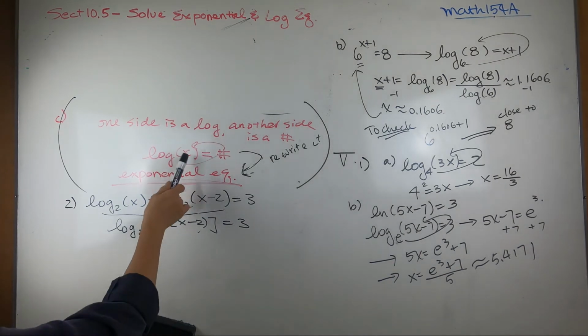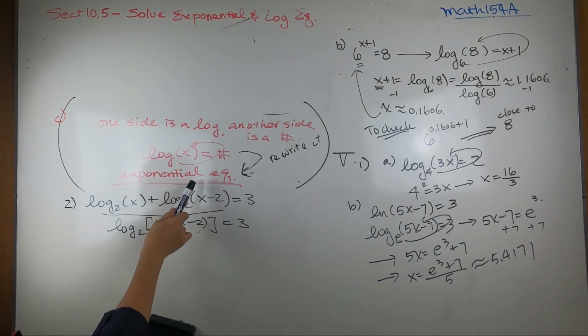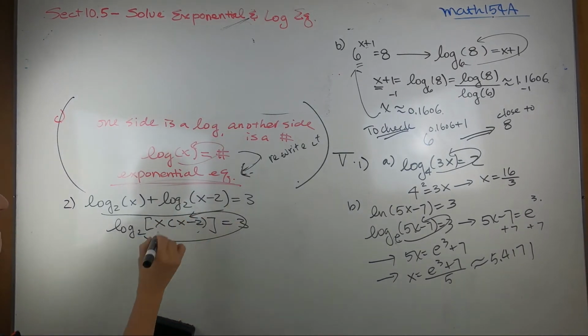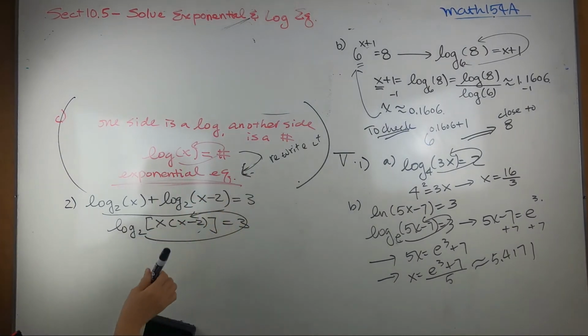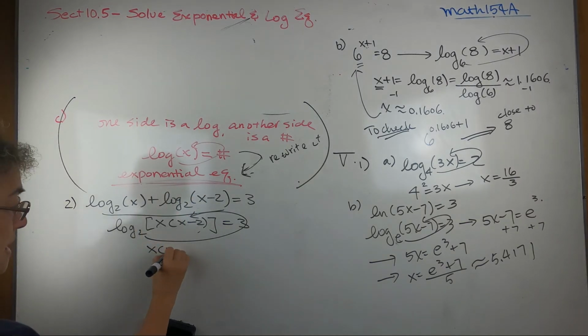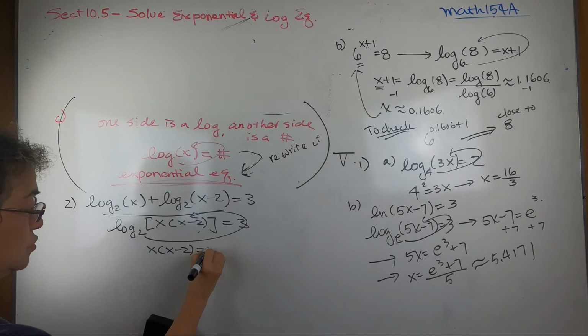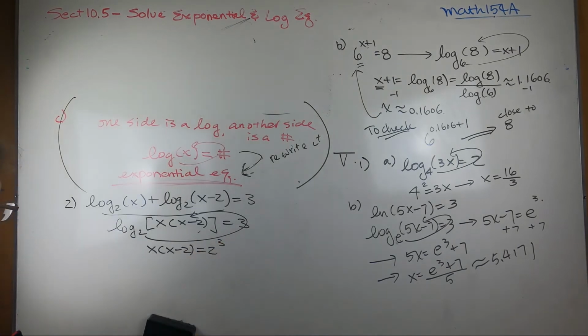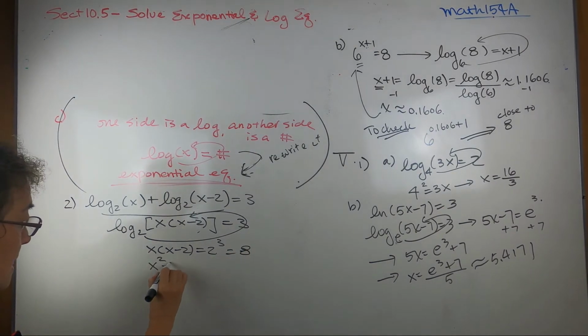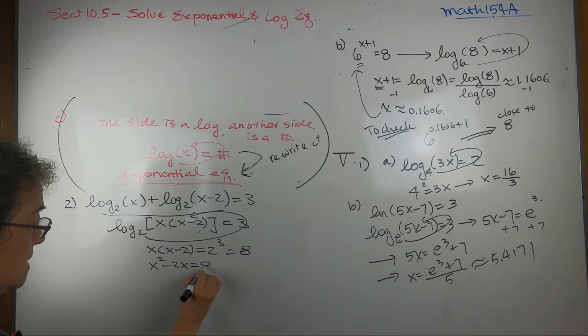So, do we have a single log now? Yes. If we have a single log, we can rewrite it as an exponential equation. So it would be x minus 2 equals what? 2 to the third power, right? Which is 8. So that would be x squared minus 2x equals 8.